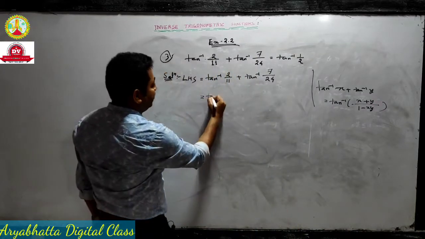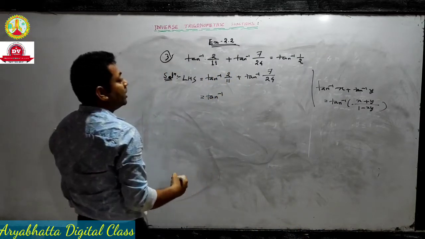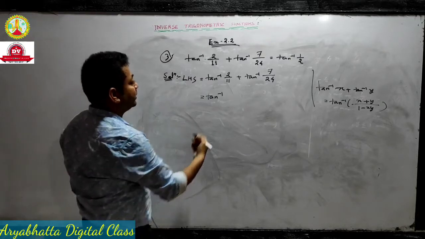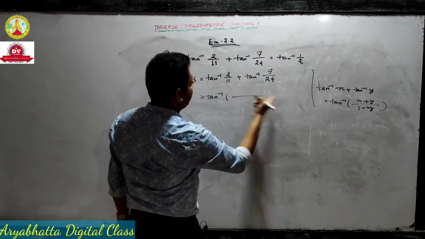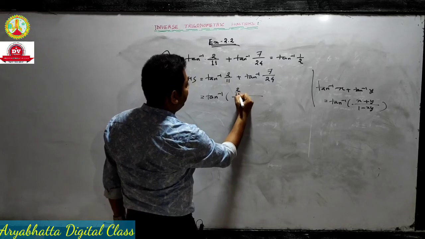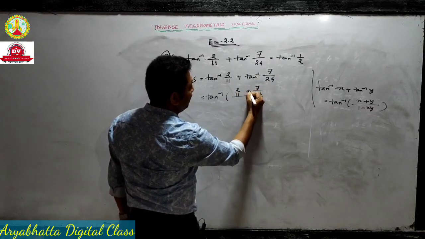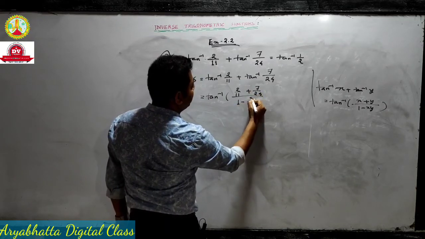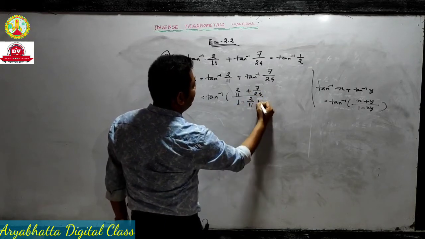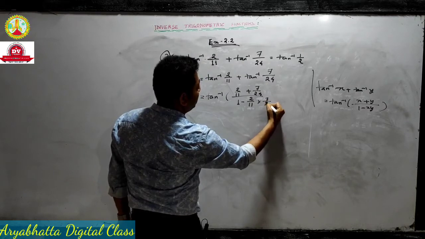Therefore, we can write tan inverse 2 by 11 plus tan inverse 7 by 24 is equal to tan inverse of x plus y, where x is equal to 2 by 11 and y is equal to 7 by 24, divided by 1 minus xy. Here x into y is 2 by 11 into 7 by 24.